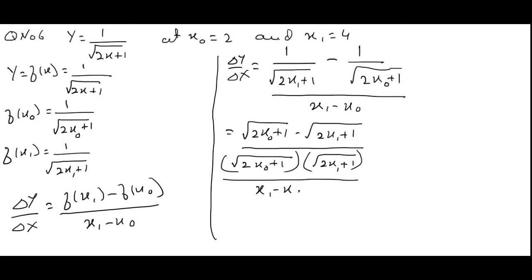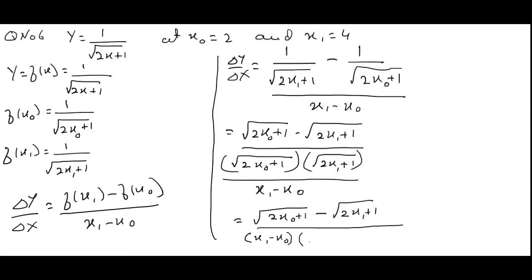x1 minus x0. So under root 2x0 plus 1 minus under root 2x1 plus 1 whole divided by x1 minus x0, into under root 2x0 plus 1 under root 2x1 plus 1.